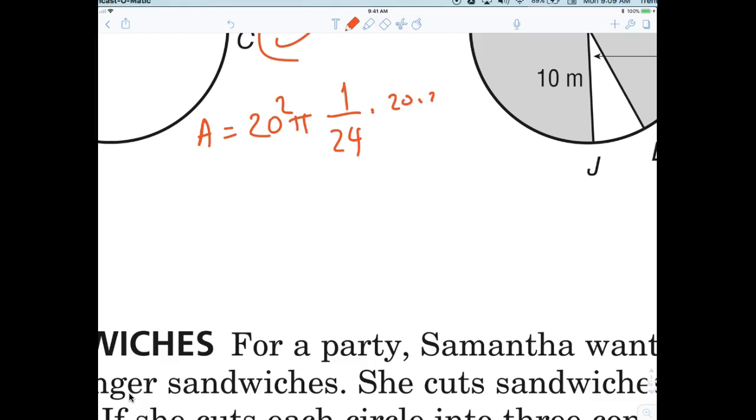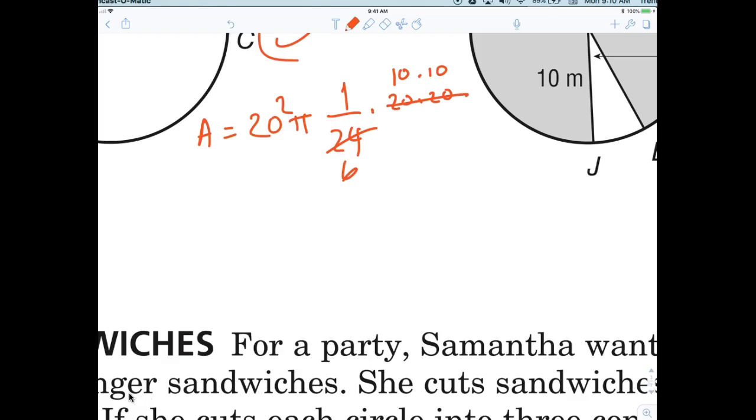So instead of doing 20 times 20 is 400 and then reducing, try reducing it in your head. You don't need a calculator to reduce that. That's what you're practicing right now. I see that there are 2's in 20, so I could make that 10 times 10.